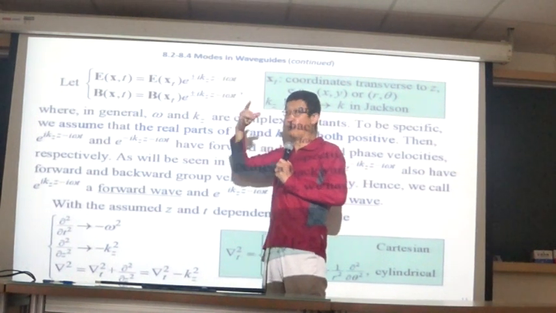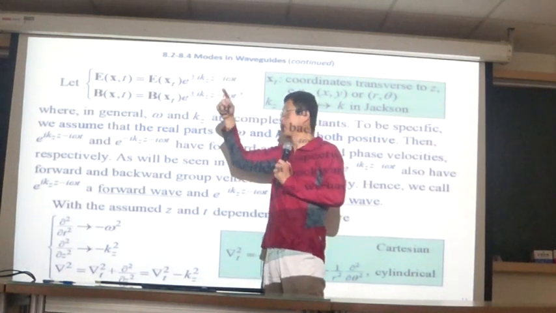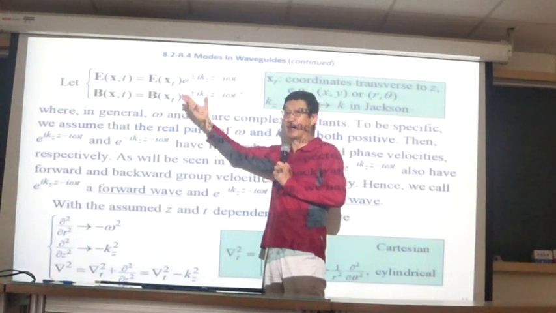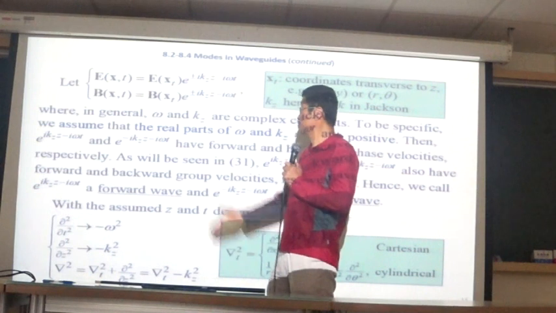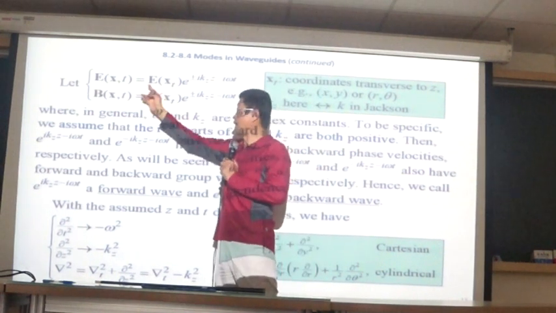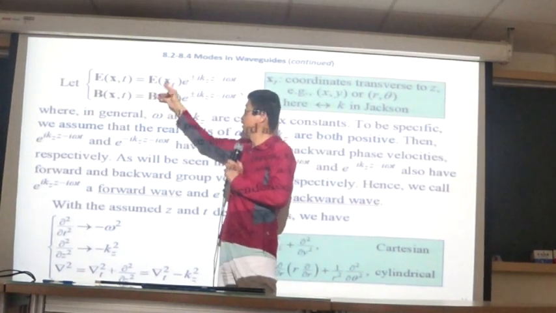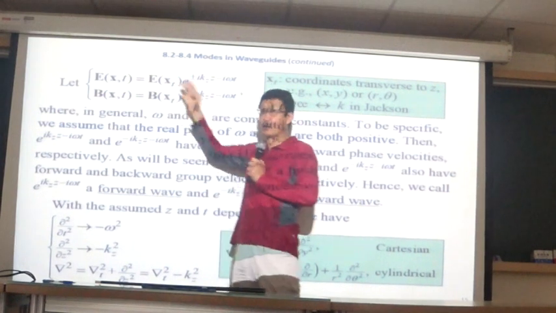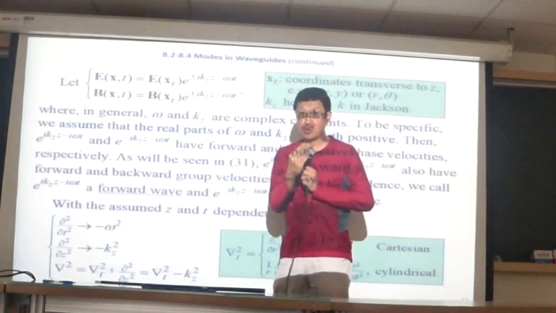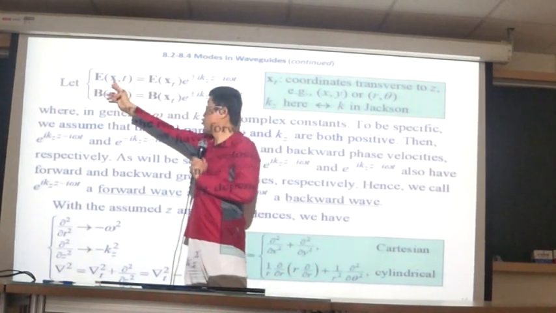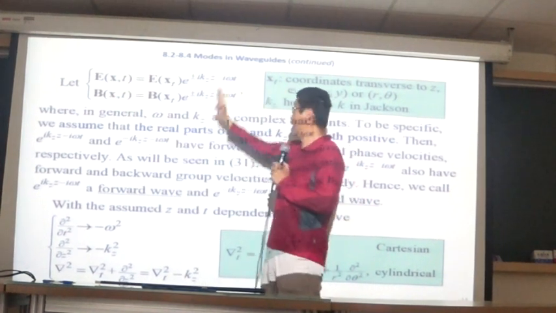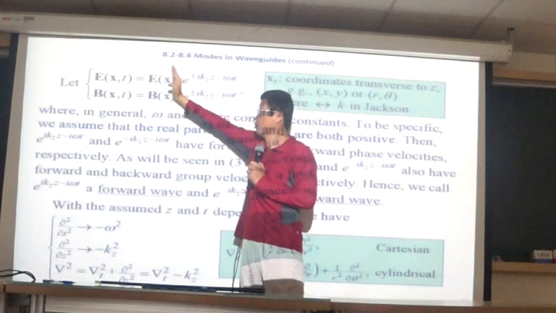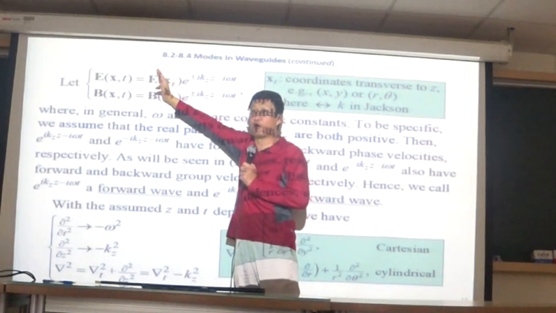Because we know the waveform is exponential, i kz z minus i omega t. That's propagating wave in z direction. And then we separate them, transverse coordinate. So we separate them into 4 variables, 3, 1, 4 variables. Separate them 1, 2, 3, 4.